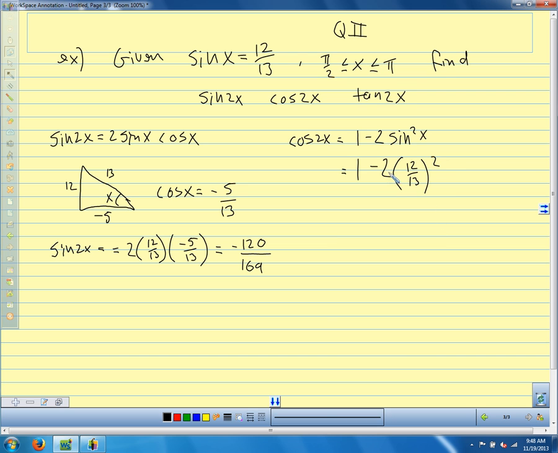When I square this, multiply by 2 and subtract from 1, I get that the cosine of 2x is negative 119/169. And does it make sense that these would both have the same denominator? What's the denominator telling us?